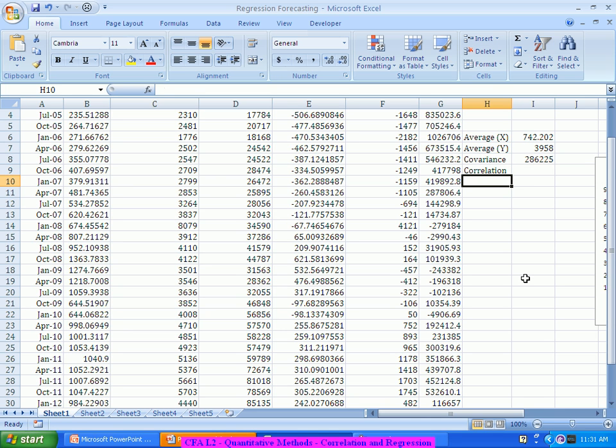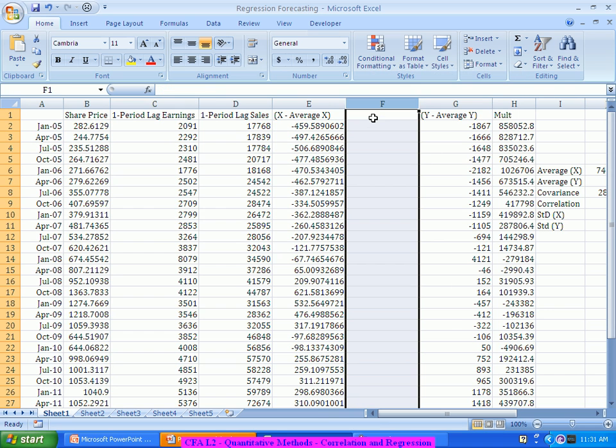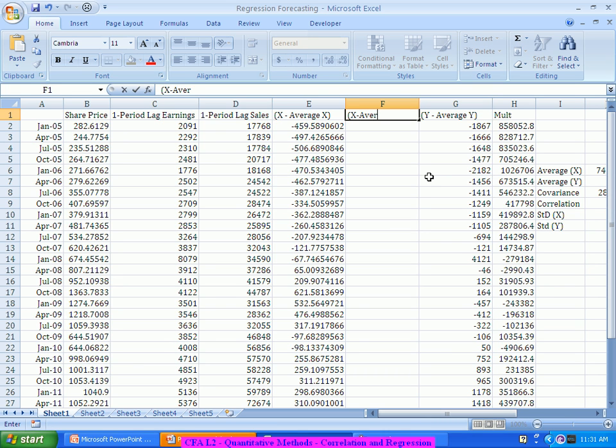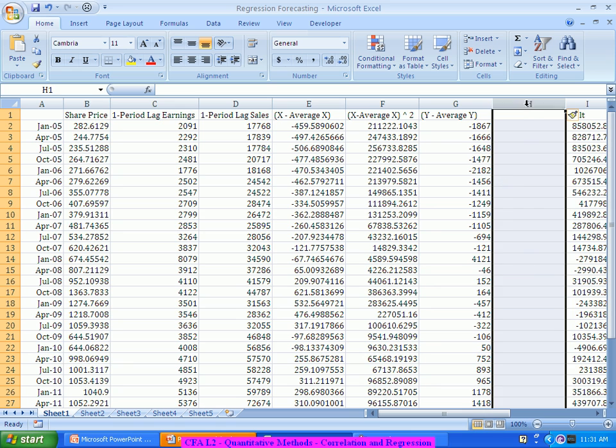Now when I am taking the standard deviation of x as well as of y, as a process, for each x minus x bar I do the squaring, x minus x bar squared. Same way I do y minus y bar squared.